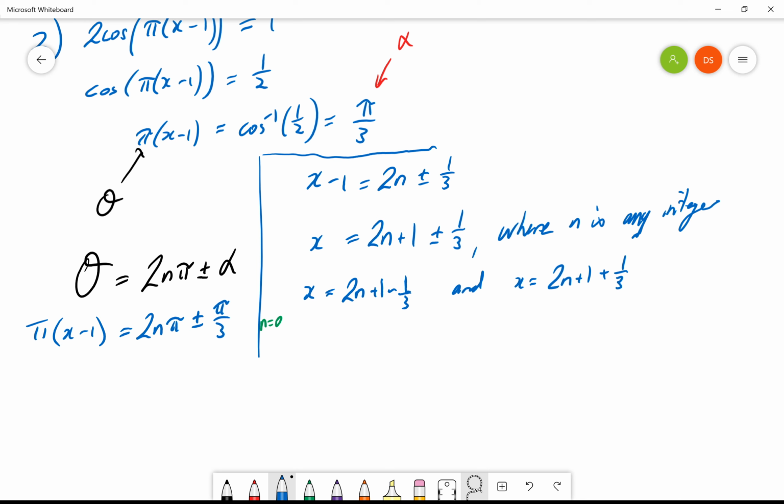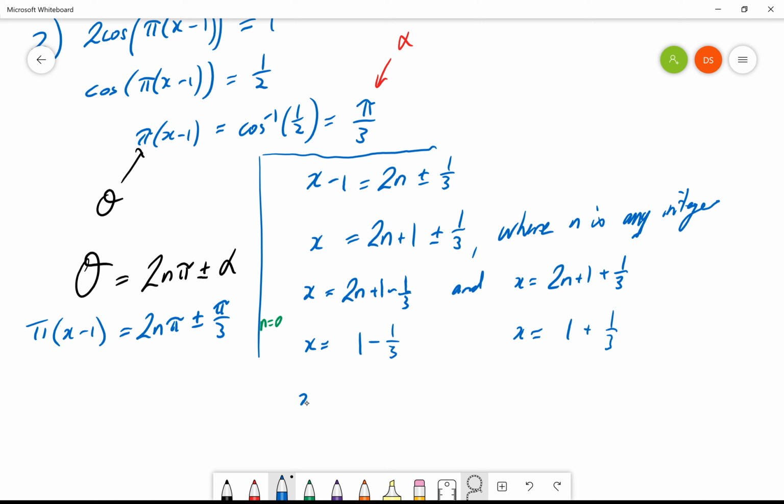Okay, n equals 0, I get x equals 1 minus 1/3, and then x equals 1 plus 1/3.